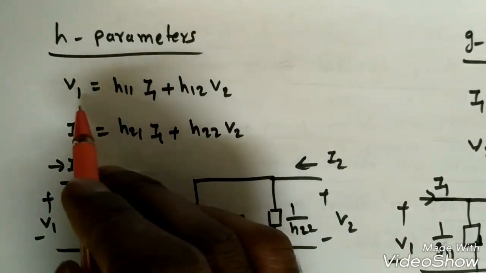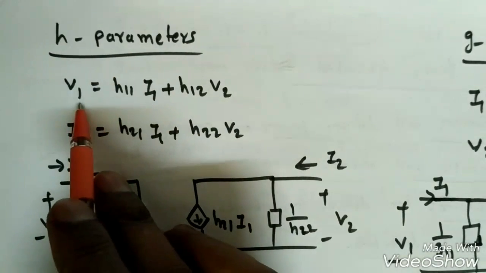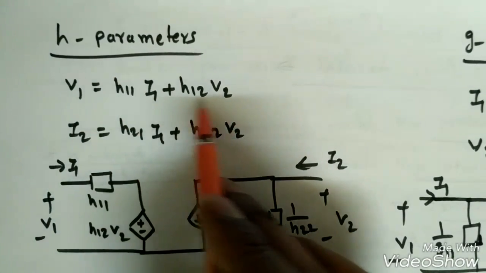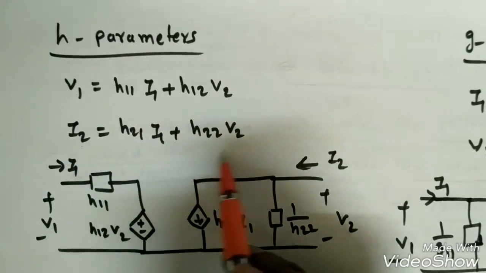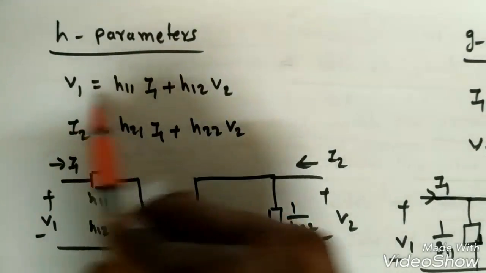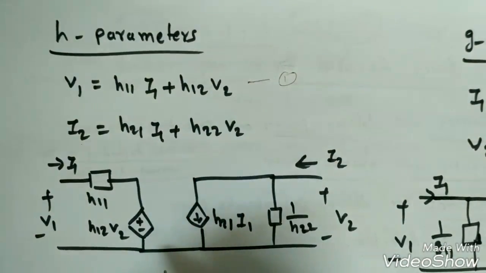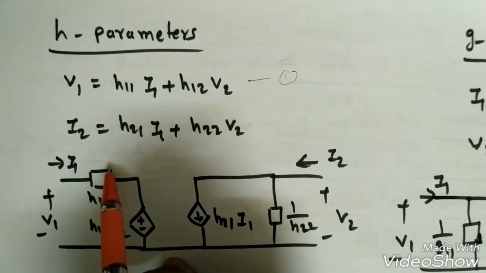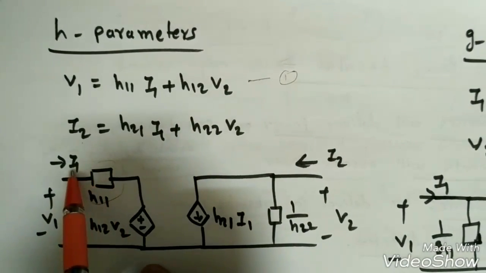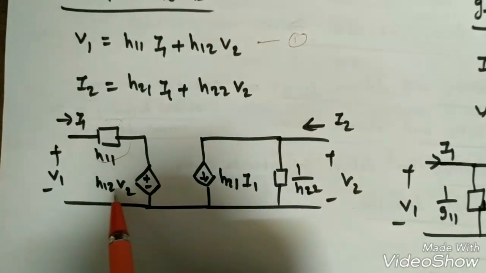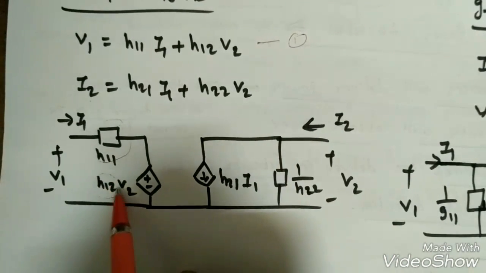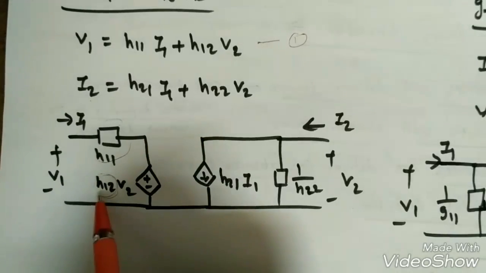Now what are the H parameters? The first one is the voltage equation, V1 is equal to H11 I1 plus H12 V2. This is I2, which is H21 I1 plus H22 V2. The first equation is mesh analysis. So V1 is equal to some impedance H11 multiplied with I1, but there is a dependent voltage source which is dependent on the output voltage. That's why H12 V2. So again this is a reverse voltage gain.